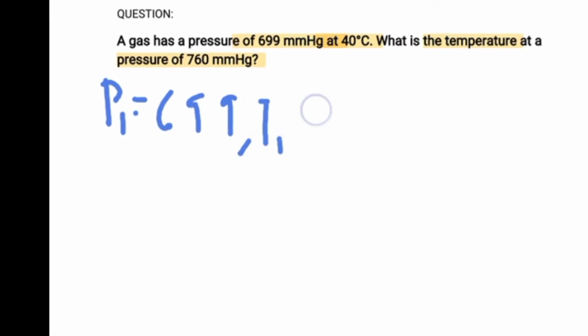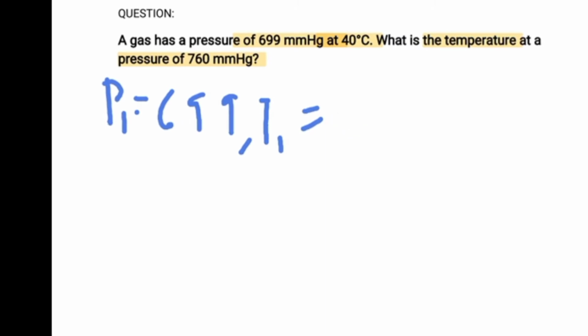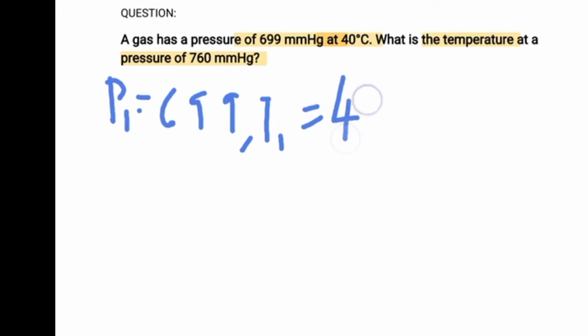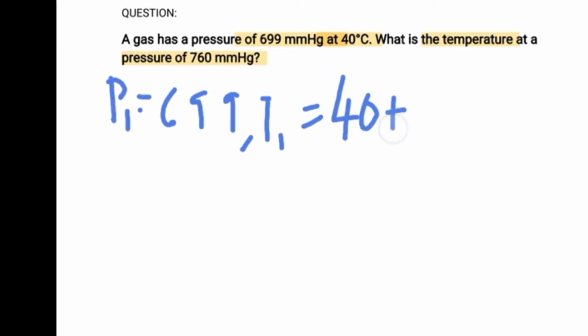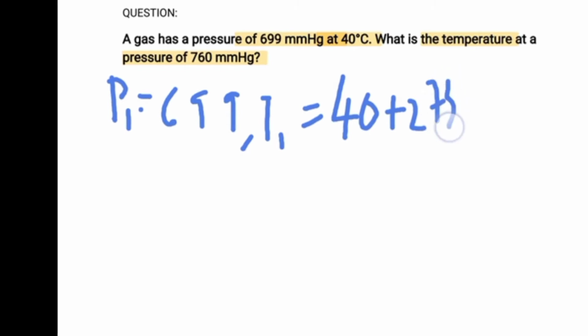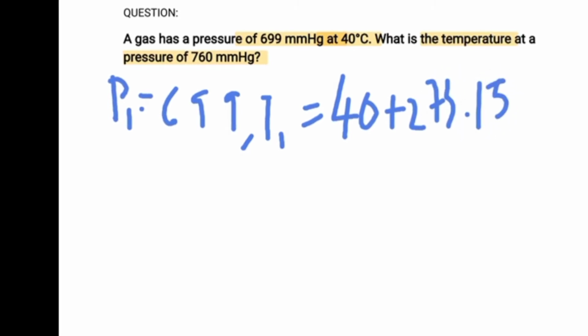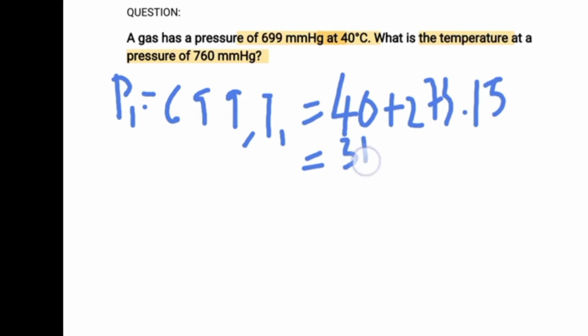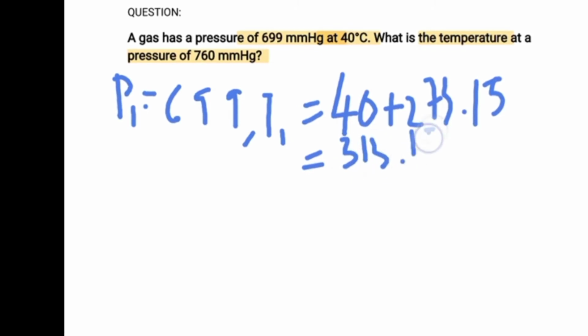Temperature 1 equal to 40 plus 273.15 equal to 313.15.